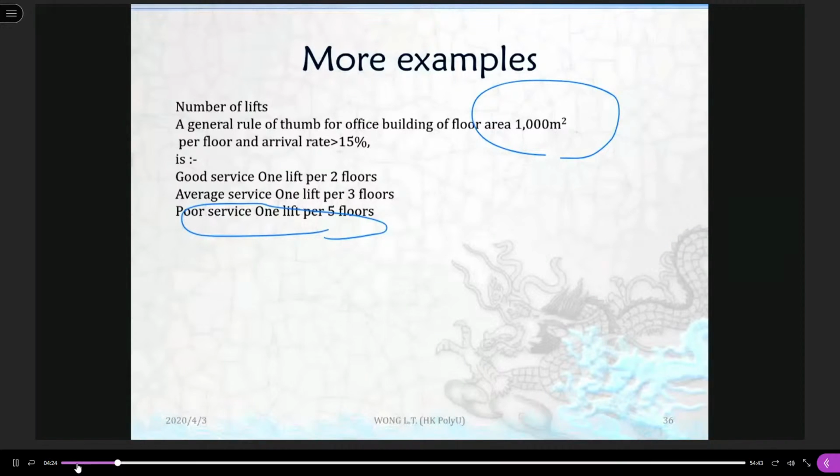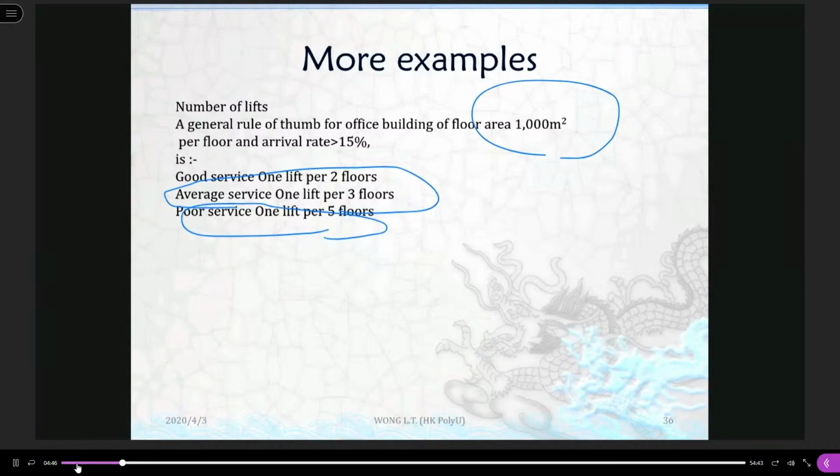Say, for example, in Jordan, just near our campus, there are a lot of commercial buildings. They have clinics and shops, office floors, and usually they have one lift per 3 floors, around 3 to 5 floors per lift.